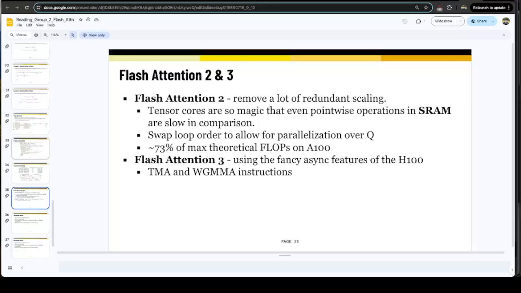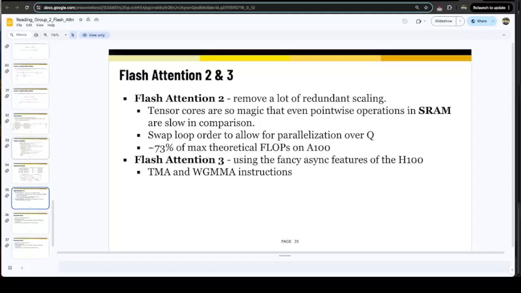And it turns out that tensor cores are so fast that even these relatively cheap pointwise operations on something that's already in SRAM become slow by comparison, or at least add non-negligible overhead. For that reason, in Flash Attention 2, they swapped the loop order and factored things out so that the rescaling operation happens in the outer loop, so you only have to do it a linear number of times instead of a quadratic number of times.